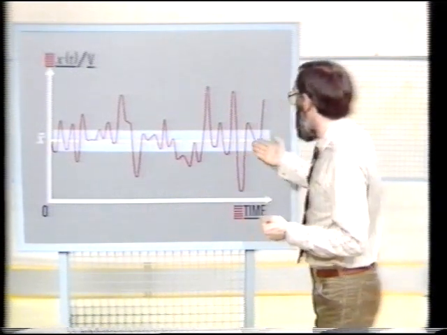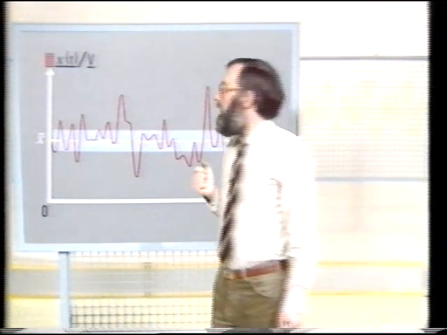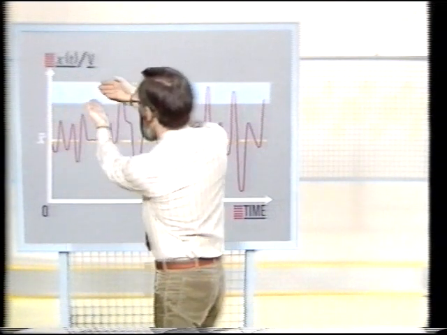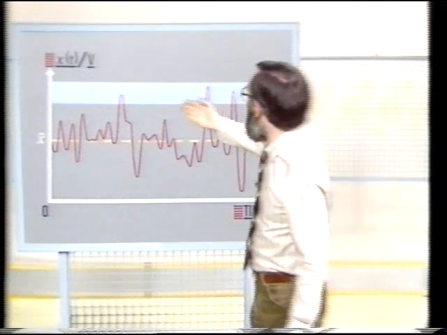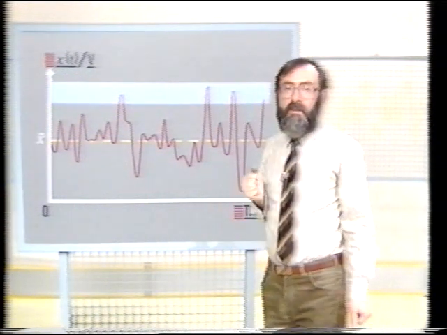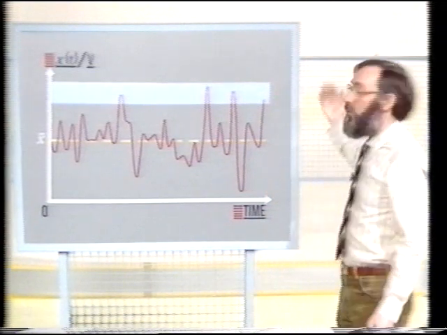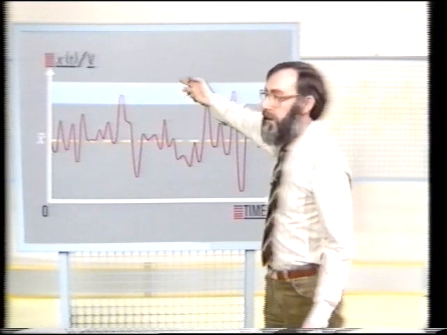So the probability that it will continue to do so in the future is fairly high. In contrast, if we consider a range of signal values up here, well away from the mean, then we see that the signal has spent a very small proportion of its time within it. And we can conclude that in future, there'll be a relatively low probability of finding values of the signal in this voltage range.